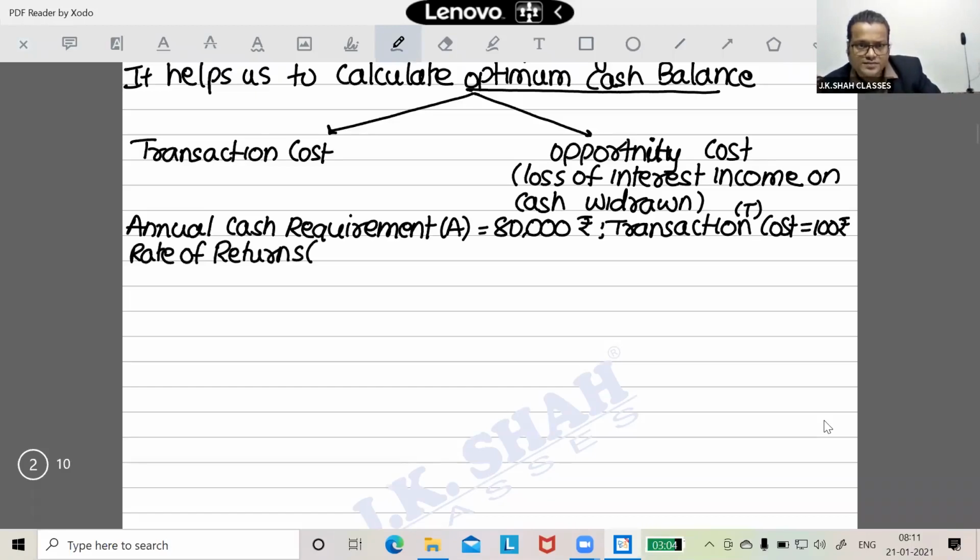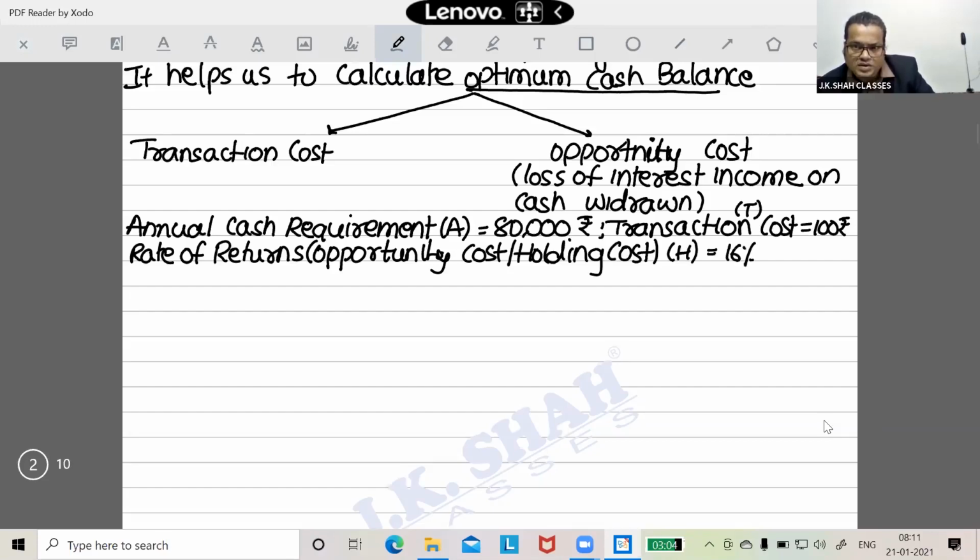The rate of return, opportunity cost, also known as the holding cost, denoted by H, is, let's say, 16% per annum. Now I'll clarify all these assumptions again.